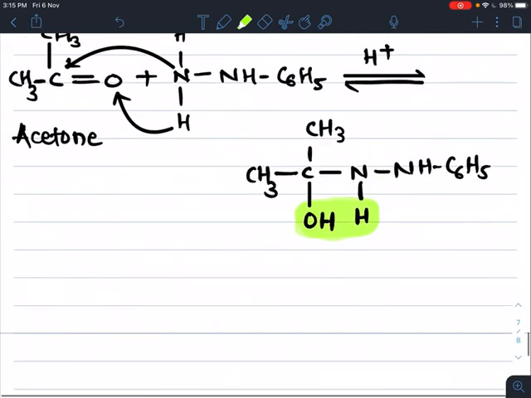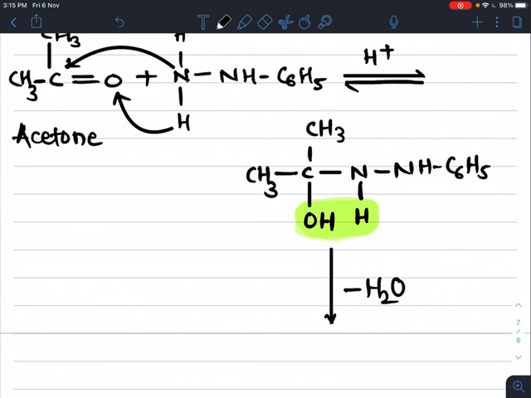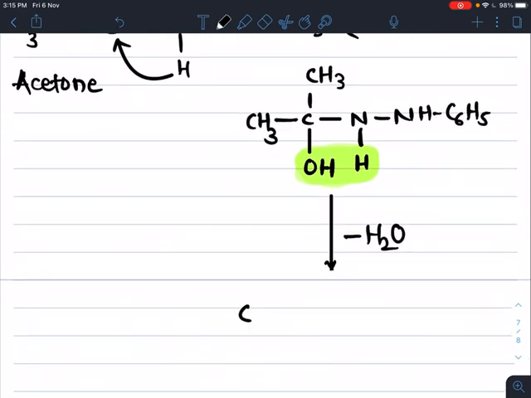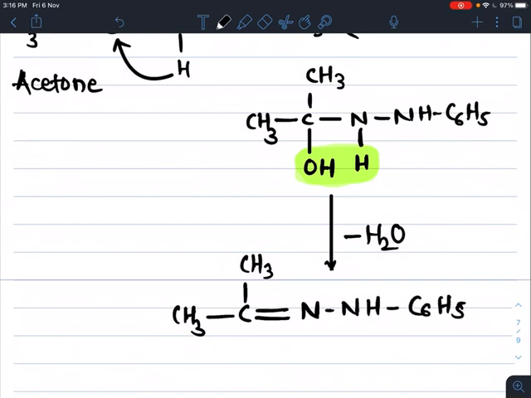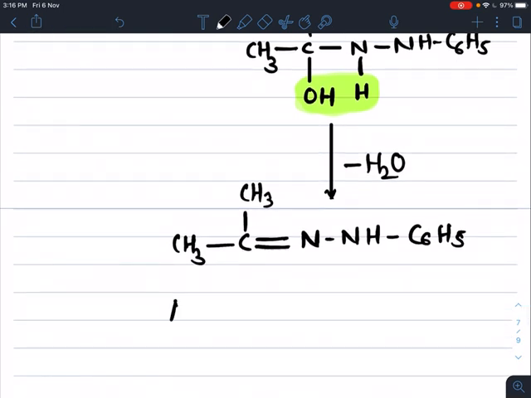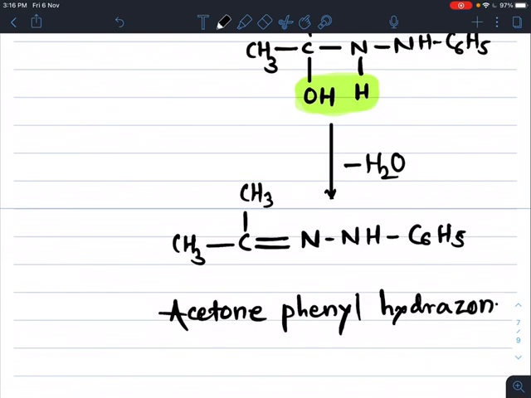So by the removal of H2O, we write minus H2O on the arrow and we get finally CH3, CH3 doubly bonded with NHC6H5. What is the name of this compound? Acetone phenylhydrazone. So this is about the reaction with aldehyde and ketone.